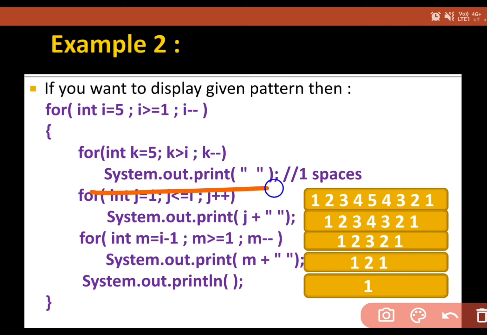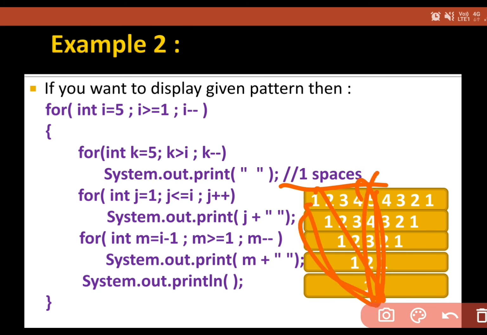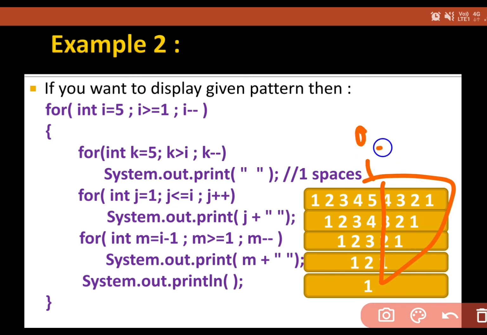about spaces. Just a few spaces we require, one space, and then this part I told you, starting from 1 and ending on I, increasing order 1 2 3 4 5. Then this part I told you, starting from I minus 1.